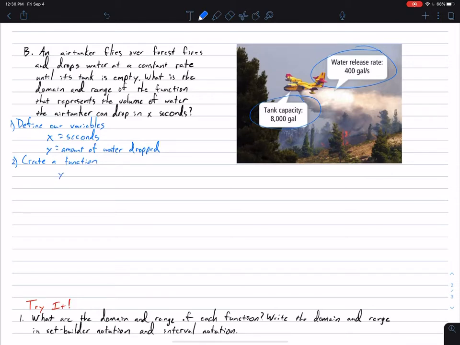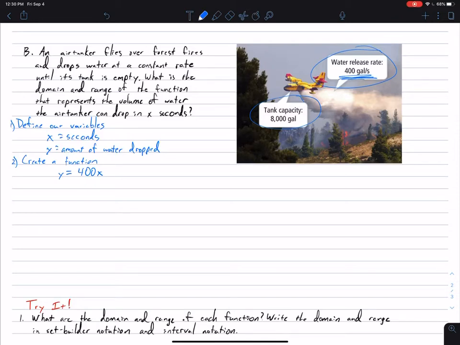So Y is going to be equal to, and if we look up here at the top right, it's dropped at 400 gallons a second. So it's going to be 400 gallons times our X value. Let's make that 400X, with X being seconds. After 1 second or 2 seconds or 3 seconds, we would multiply by 400 to find the total amount of water that we've dropped.